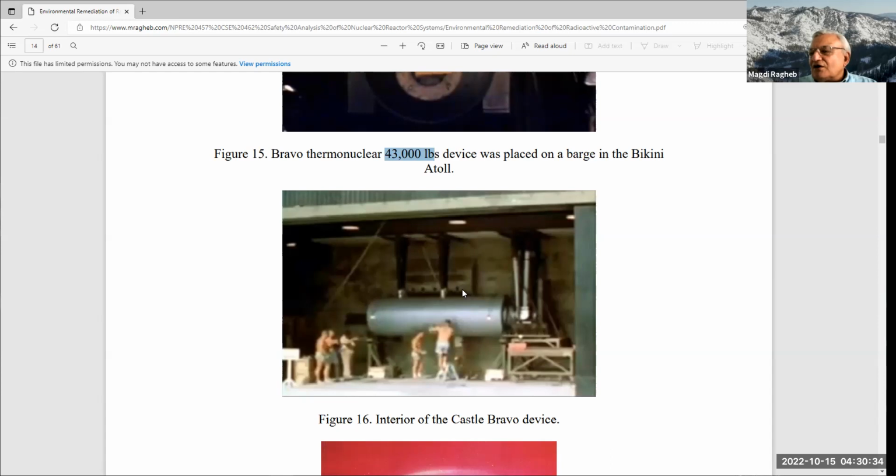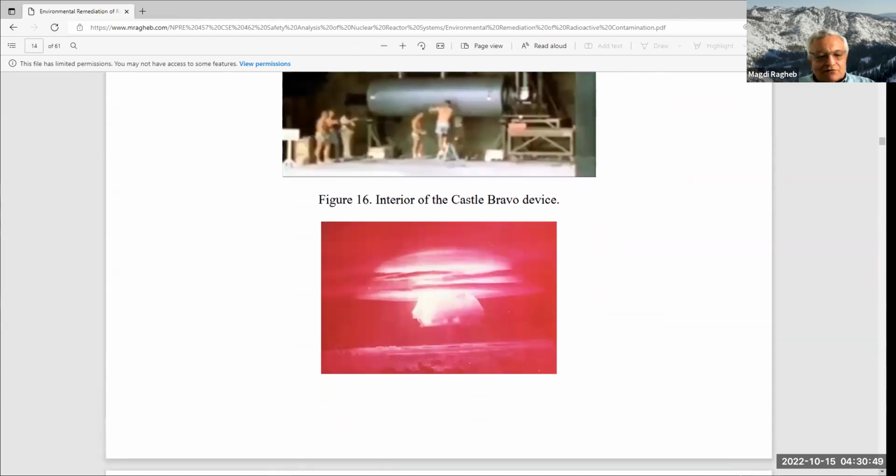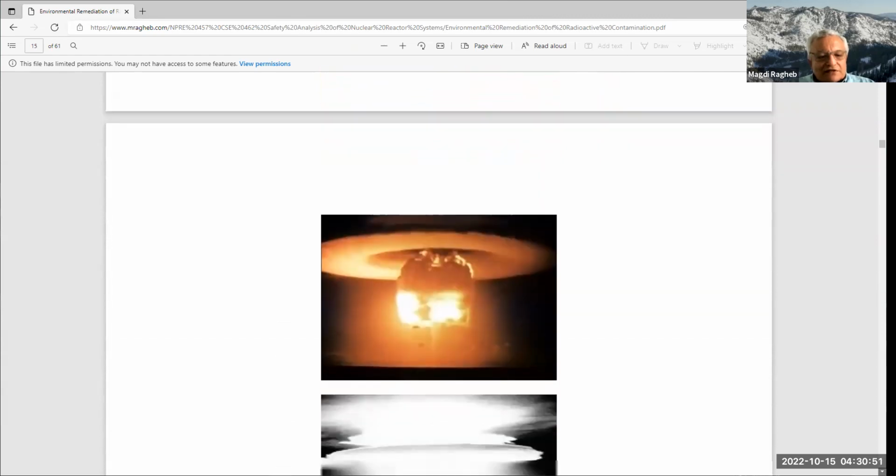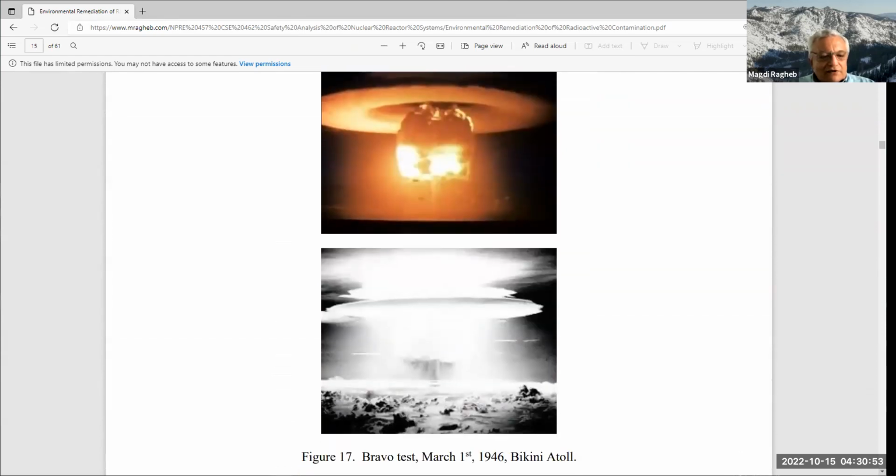And that is one of the causes for the double size of the nuclear energy release that was miscalculated. They didn't need to enrich in lithium-6. Just plain lithium would have done the job, but there was an excess release of energy that was totally miscalculated, and that was in 1946, March 1st, again in the Bikini Atoll.